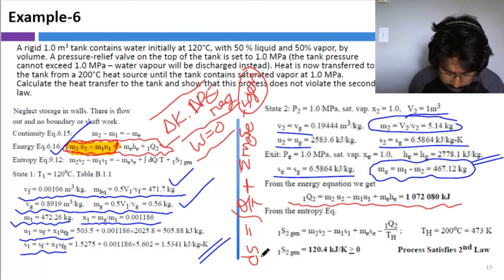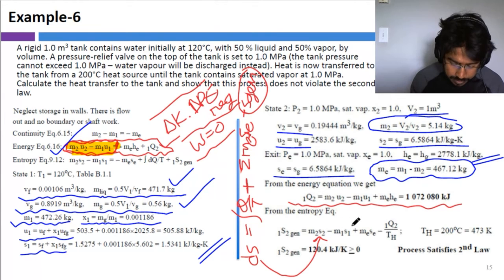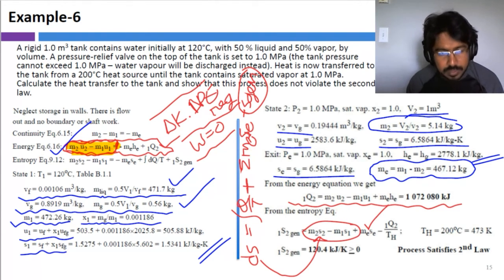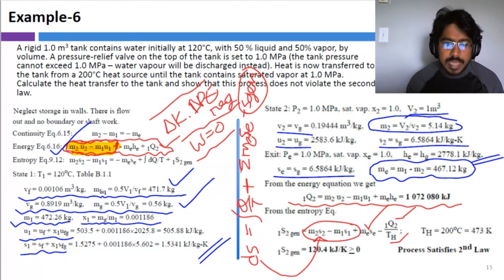So entropy change of the system, again similar to internal energy, as the mass is changing, m2s2 minus m1s1 is going to be the entropy change of the system, and entropy taken out of the system is going to be mese, and then this is the heat added to the system divided by temperature at which the heat is added, which is 120 Celsius, and we have to make it Kelvin before substituting here.